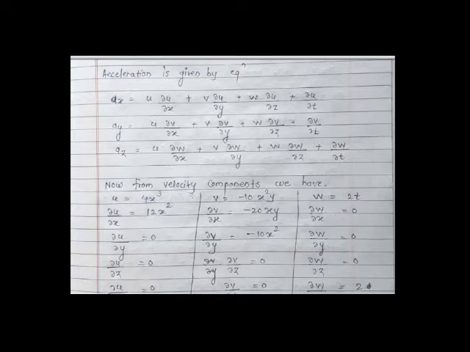Okay, so here the velocity components are u is equal to 4x cube, v is equal to minus 10x square y, and w is equal to 2t. We have to find out the value of dou u by dou t, dou v by dou t, and dou w by dou t also, all these terms.